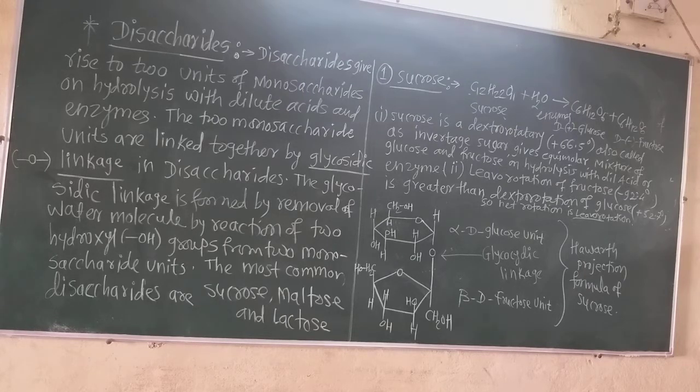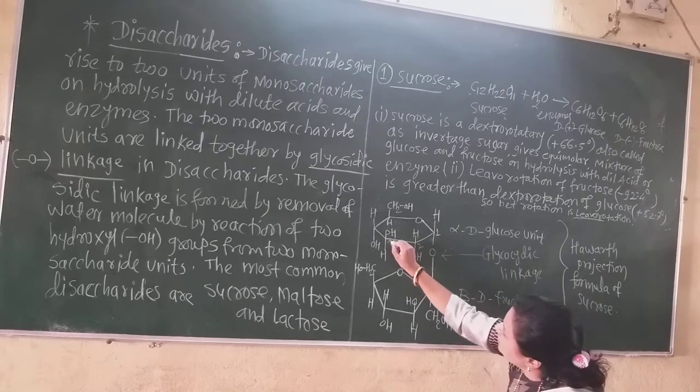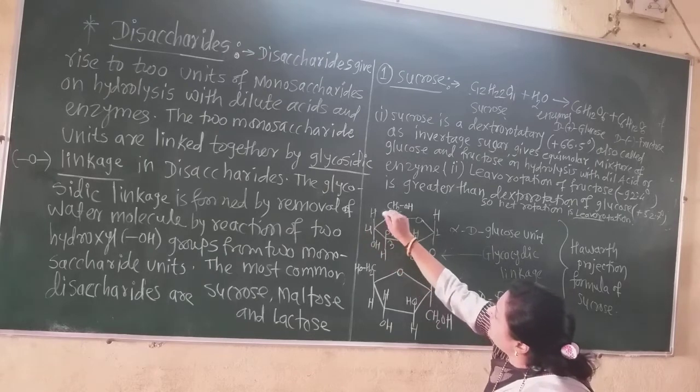The structure of sucrose contains a glycosidic linkage between C1, that is the alpha glucose C1, and C2 of the beta fructose. I will tell you that. Now see here, this is the number 1 carbon of the glucose unit, second, third, fourth, fifth and sixth.